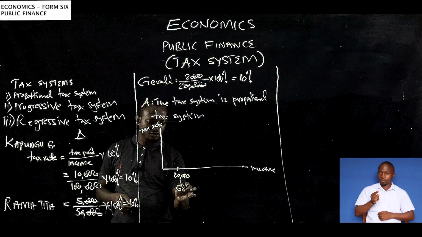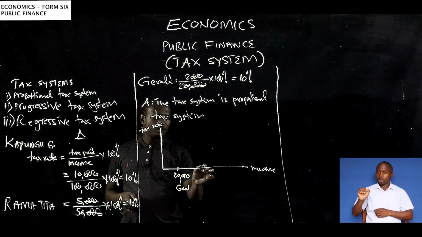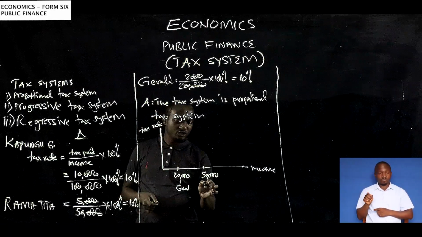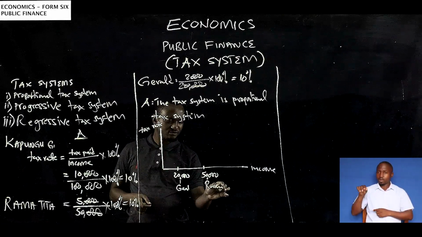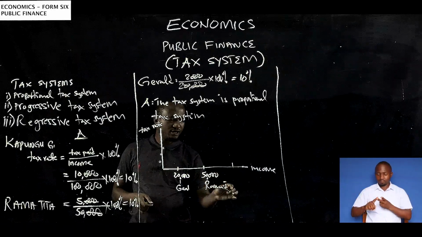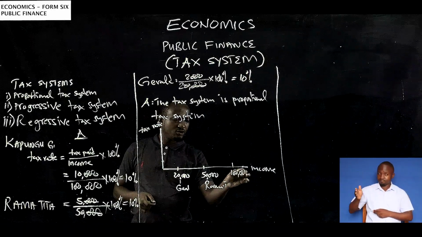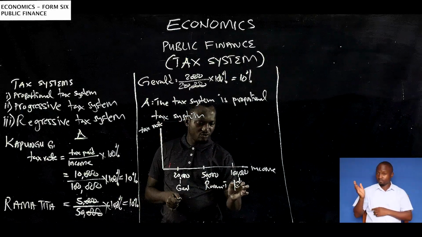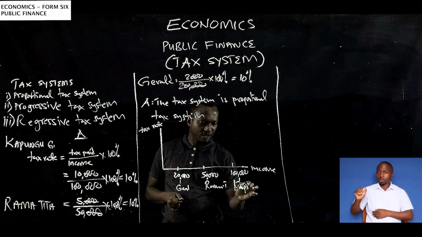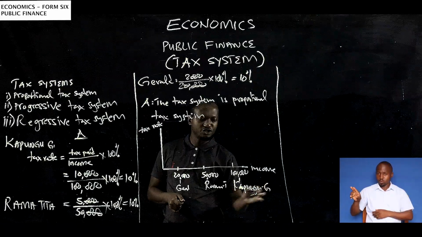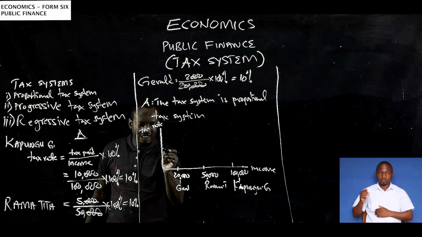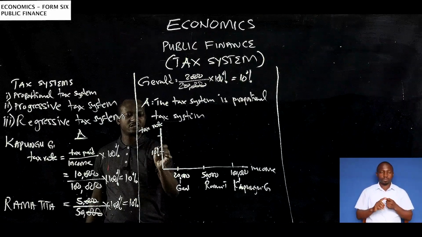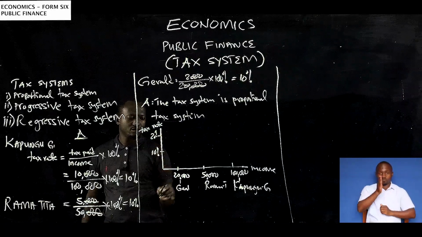This is Gerard. 50, which is Ramatita, and there is 100,000 here for Kapungu G. Tax rate, there is 10% here.